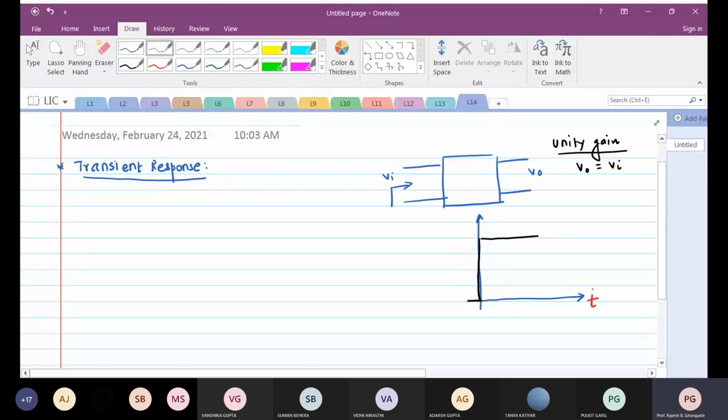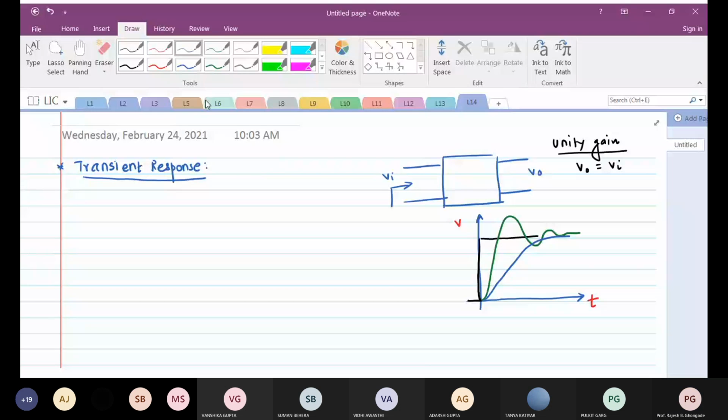Now this is time. This is, let us say, voltage. So the response that we get generally is categorized into three different types. One is when the response is like this. Okay. Another one when the response is like this.